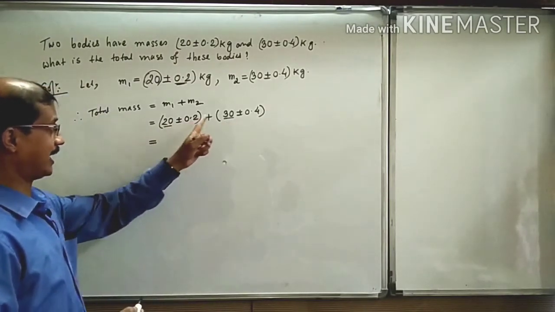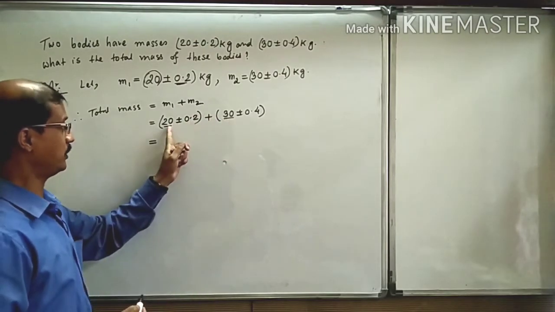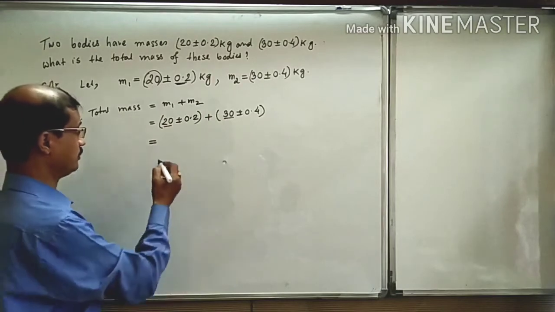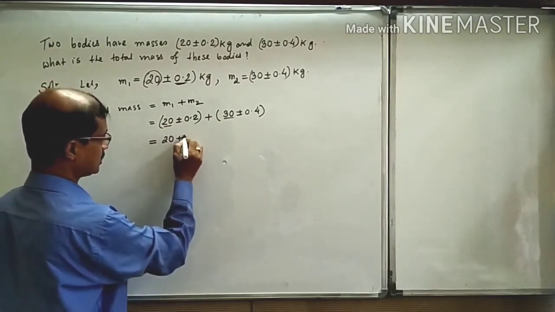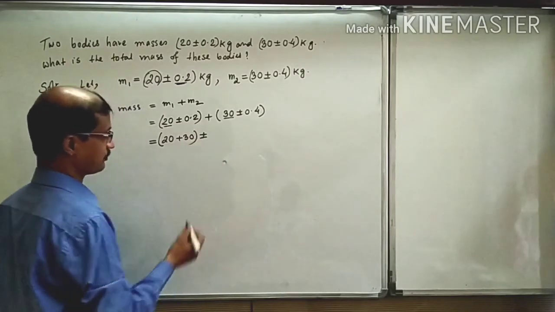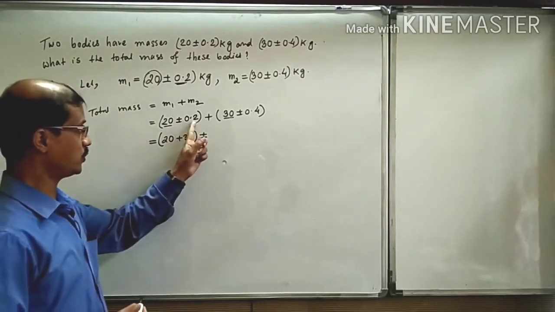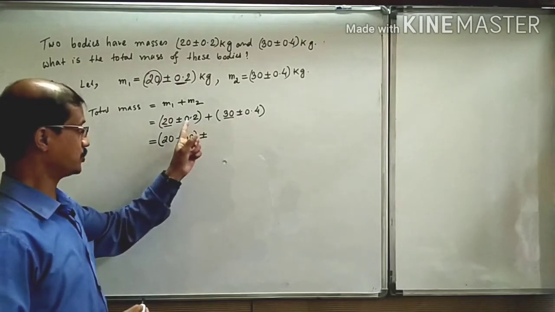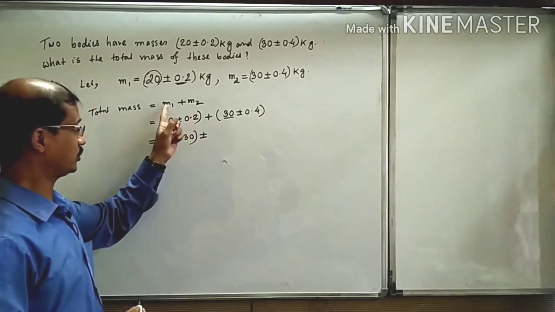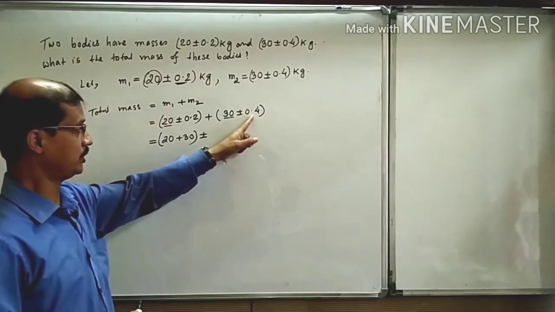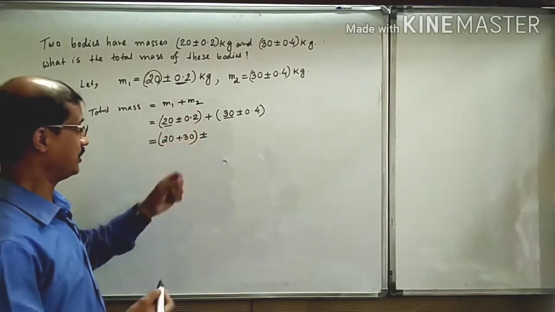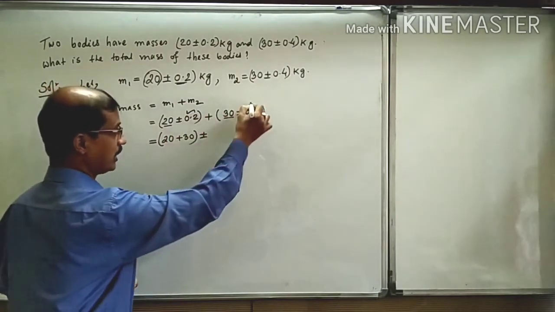These are the actual values of m1 and m2, so 20 plus 30. 0.2 is the absolute error in the measurement of m1 and 0.4 is the absolute error in the measurement of m2.